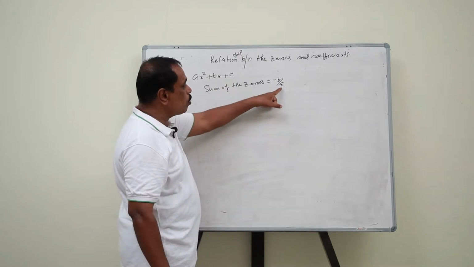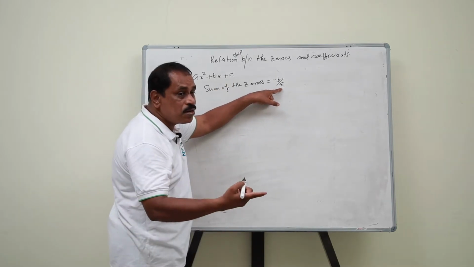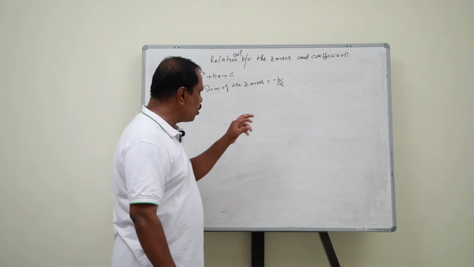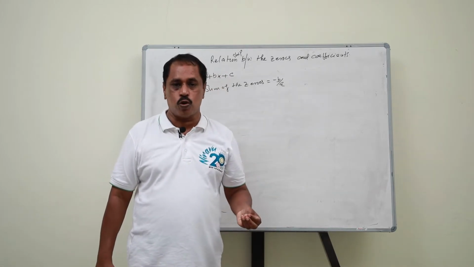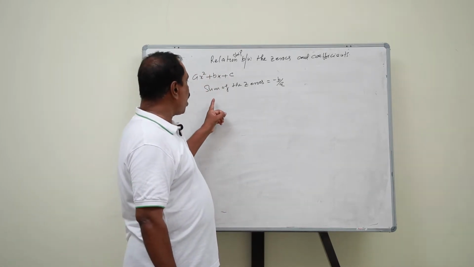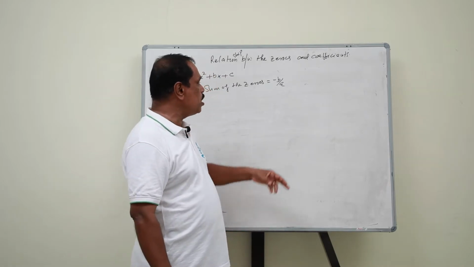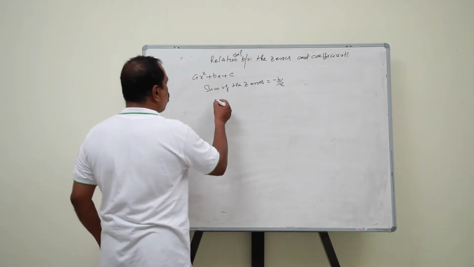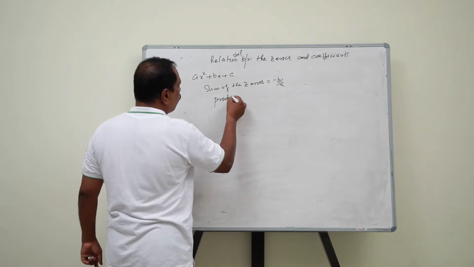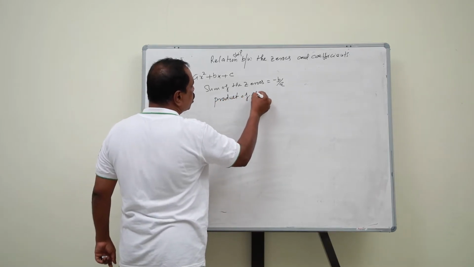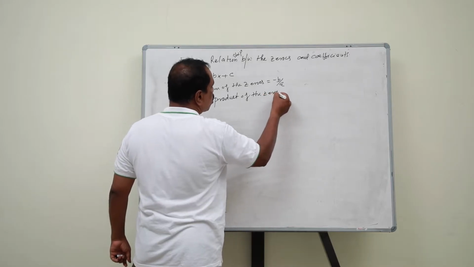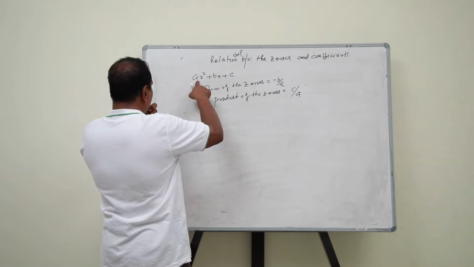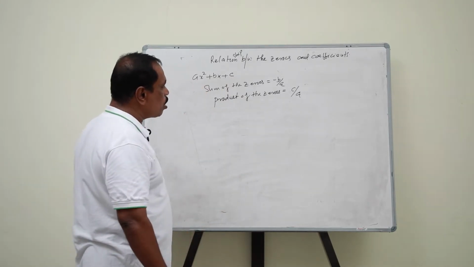Without finding the zeros separately, I repeat, without finding the zeros separately, we can find the sum of the zeros directly using this formula, minus b by a, and product of the zeros equal to c by a. c is the constant and a is the coefficient of x square.